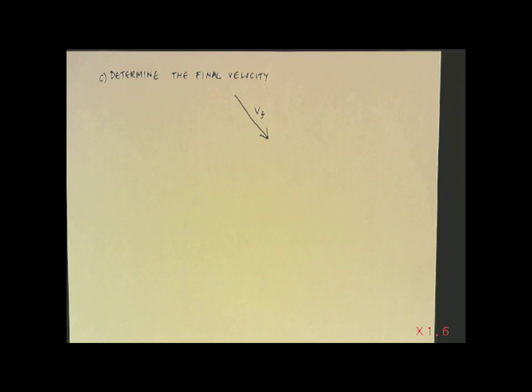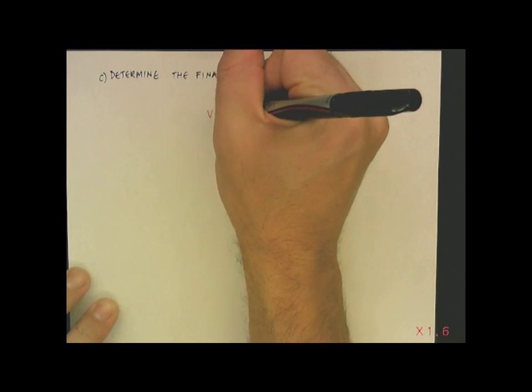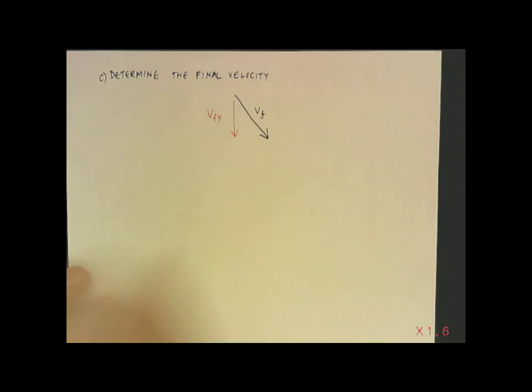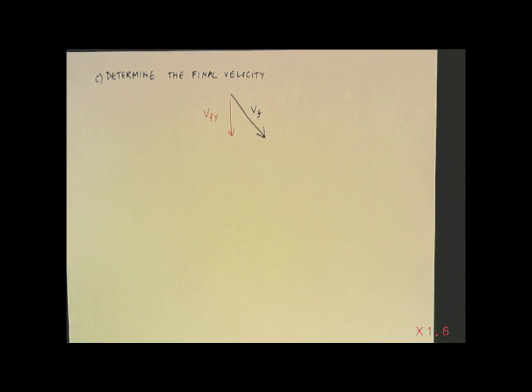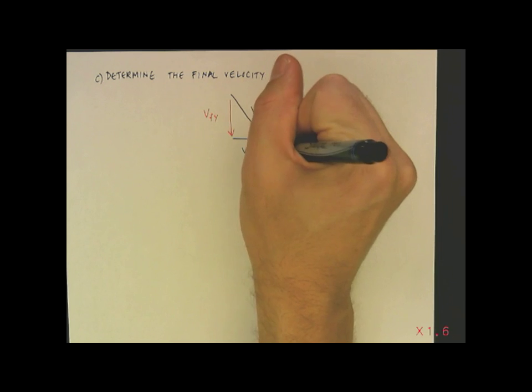Well, we have to know that this velocity has both a y component, which we will call v final y, and it also has an x component, which we will call v final x.